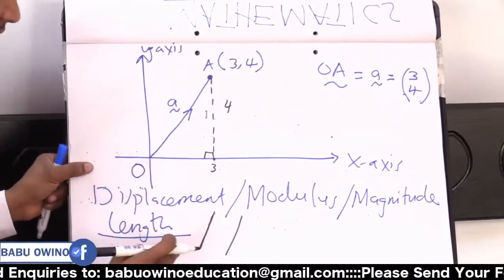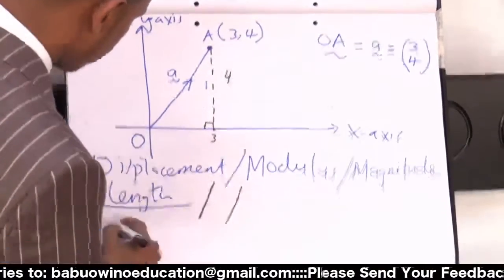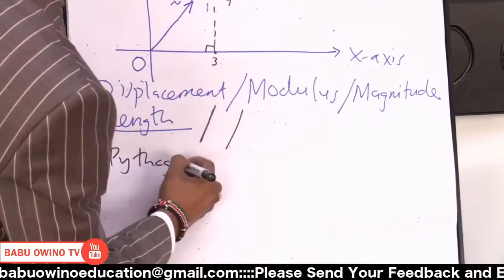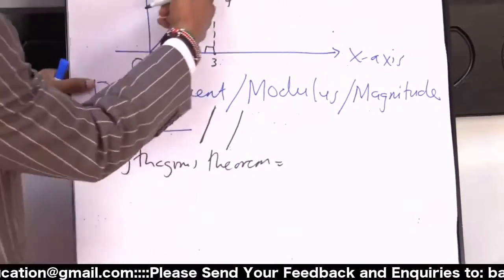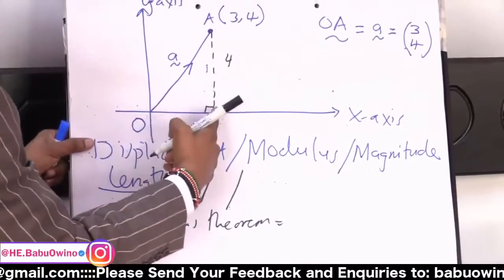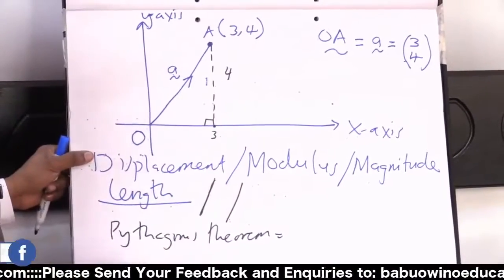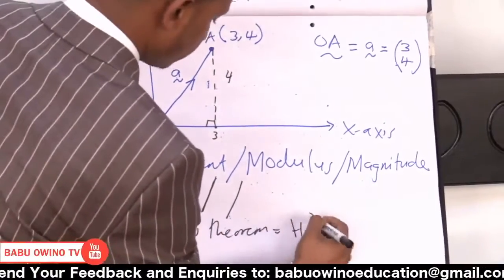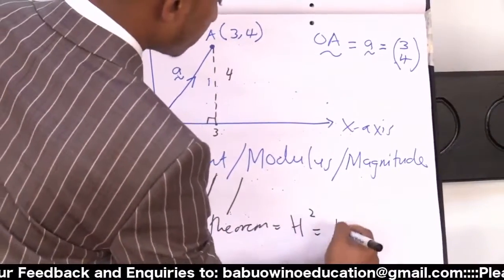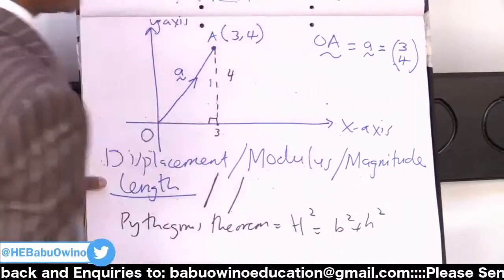By Pythagoras theorem, hypotenuse squared equals base squared plus height squared.